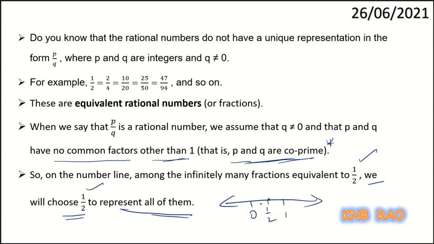This 1 by 2 represents all these numbers. It represents 2 by 4 also, 10 by 20 also, 25 by 50 also, 47 by 94 also, 100 by 200 also, and 1 lakh by 2 lakh also. So, one point is enough to represent all those equivalent rational numbers. Is it clear? Today's class we will wind up with this point.